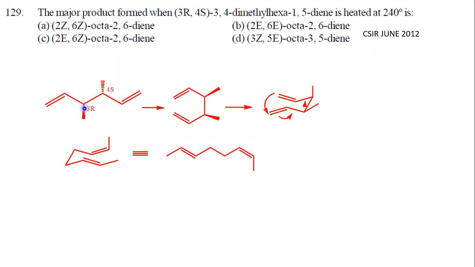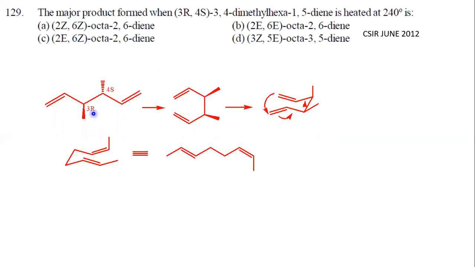This takes 3R and this takes 4S, and you all know how to do this in the configuration of a chiral carbon. The highest priority group here is the sp2 carbon, takes 1, then this carbon takes 2 because it is substituted, then this carbon takes 3. So if you go from here to here, 1, 2, 3, and also the lowest priority group, hydrogen, is away from the viewer, so it is clockwise.